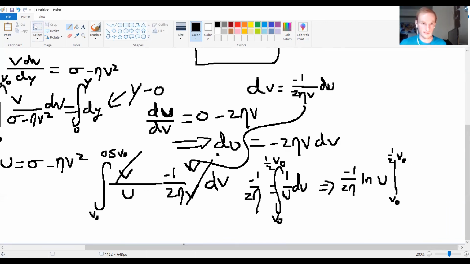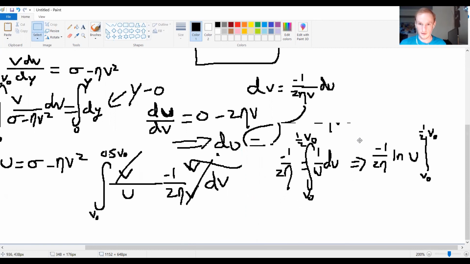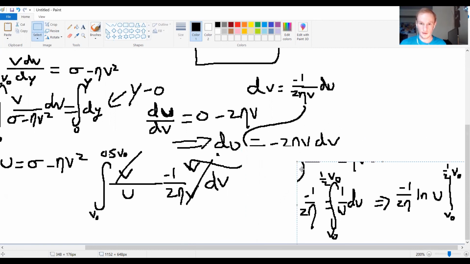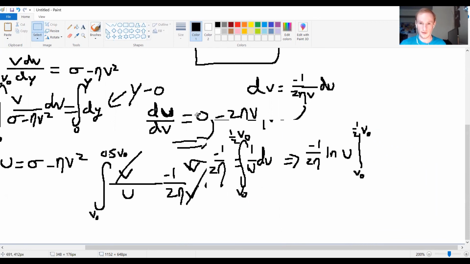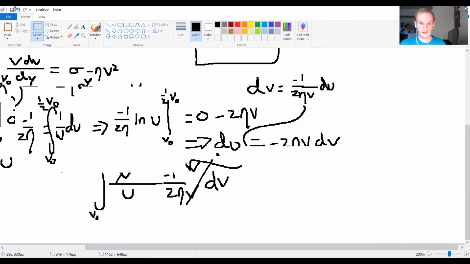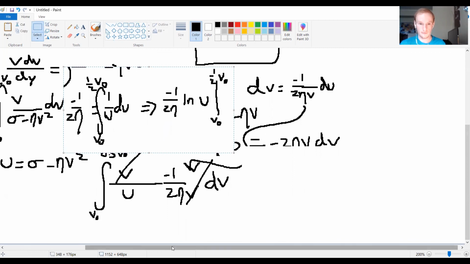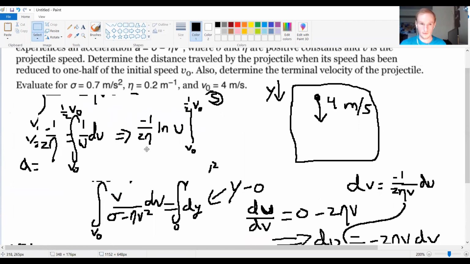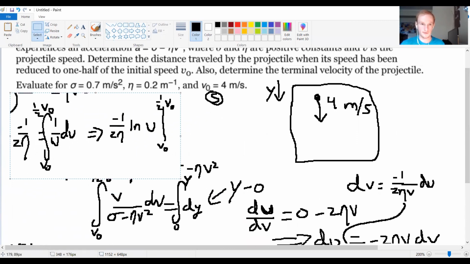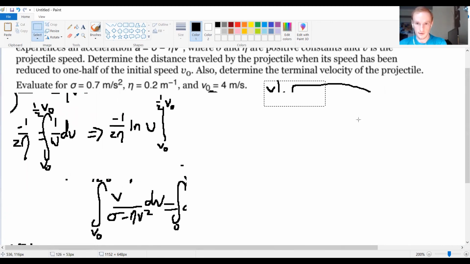Let me get rid of all of this clutter. If you need to go back, just rewind. Keep that. Okay, just leave it there. And then really go for it over here.